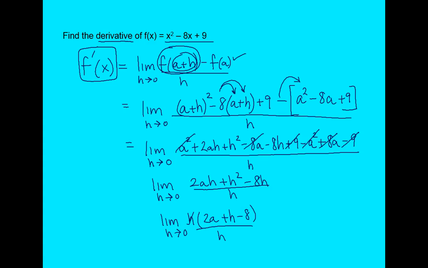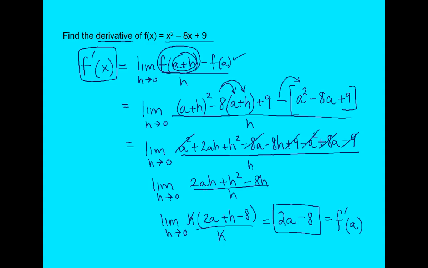And we can reduce the h's, and we're left with 2a plus h minus 8. Now we can use direct substitution. So if we substitute 0 in for h, we get 2a minus 8. There is the derivative, and this would be our f prime of a.